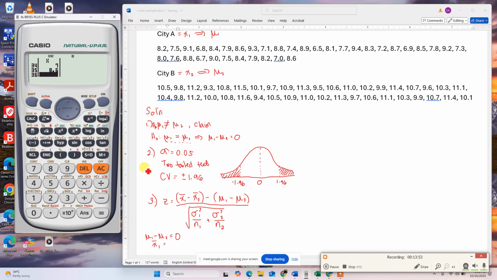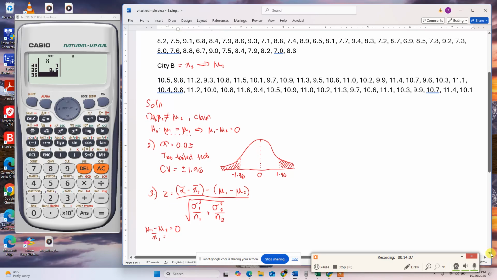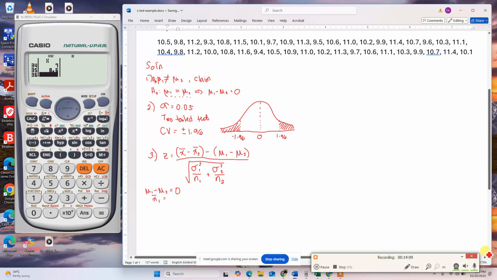As you can see, you have 35 numbers, meaning that our n sub 1 is equal to 35.